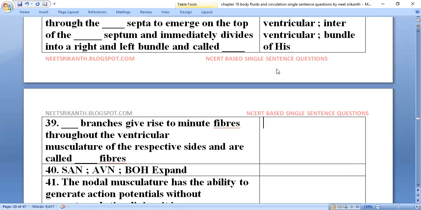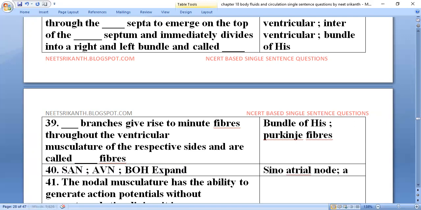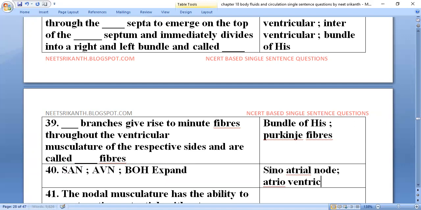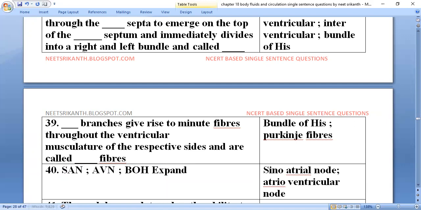The bundle of His gives rise to minute branches, which we call Purkinje fibers. SAN, sinoatrial node. AVN, atrioventricular node. Bundle of His.